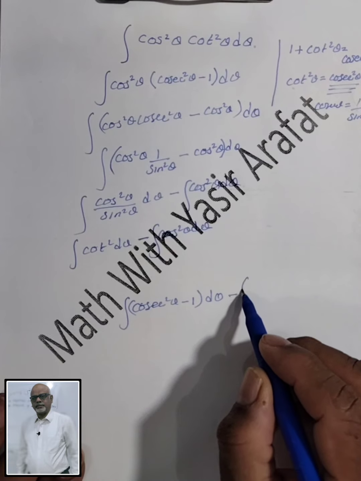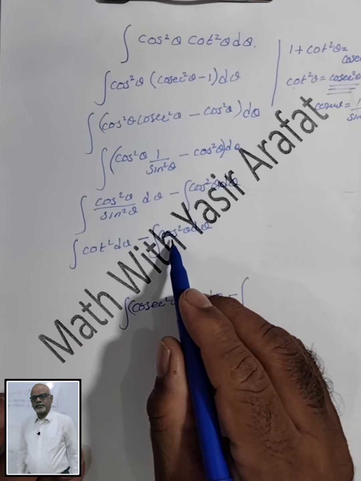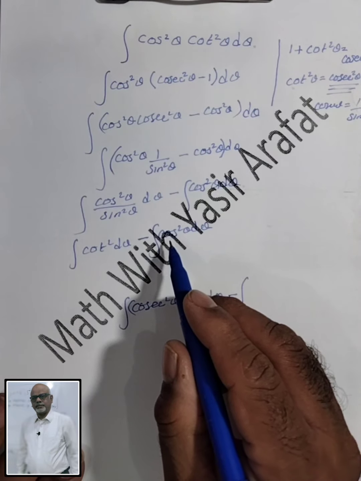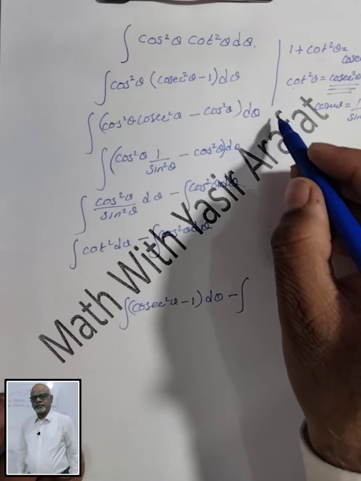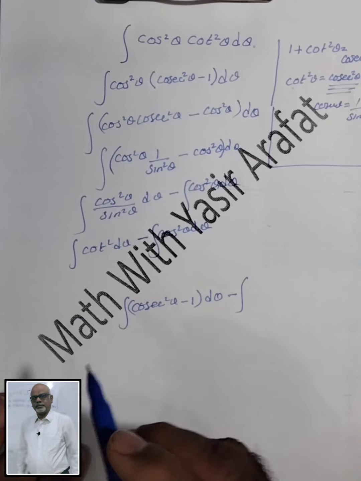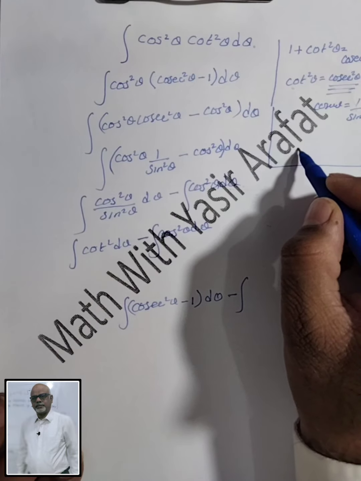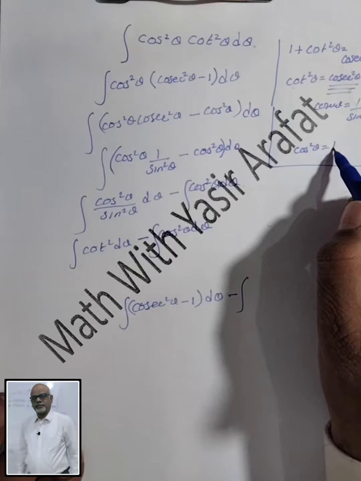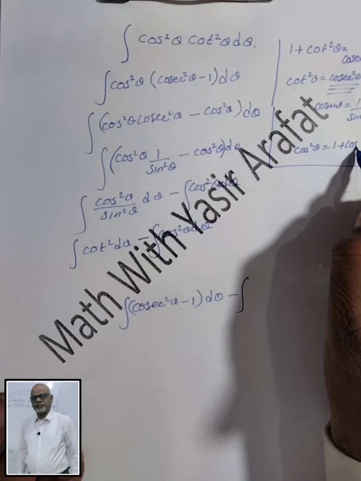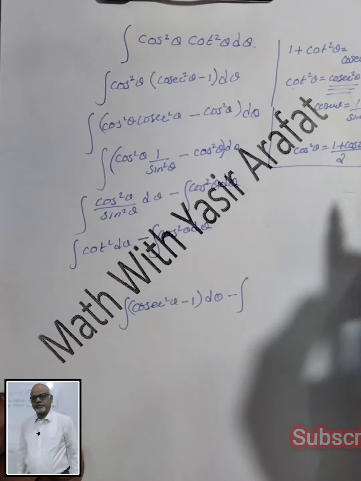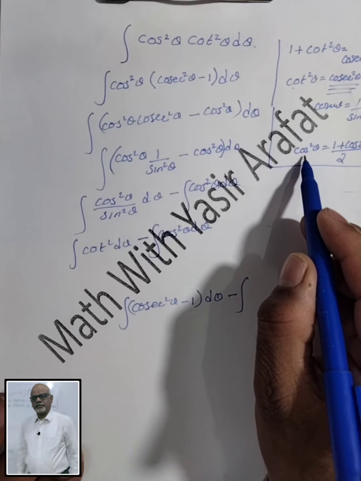And the same situation is here also: we don't have the direct formula for the integration of cos square theta. So we have the basic formula cos square theta equals 1 plus cos 2 theta over 2. This is the basic formula of cos square theta.